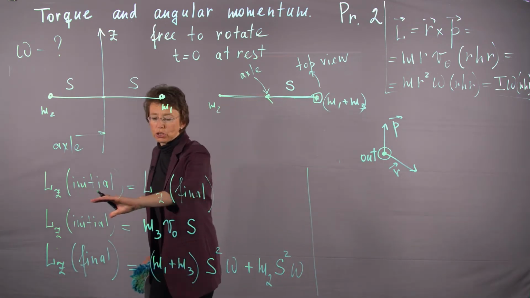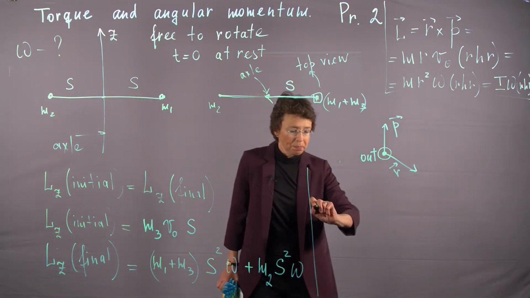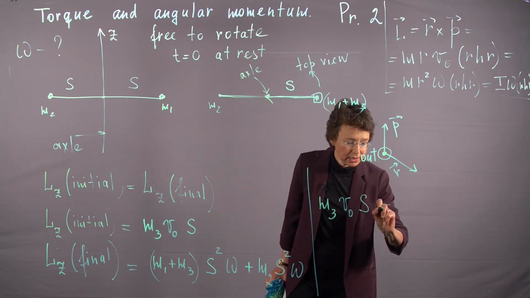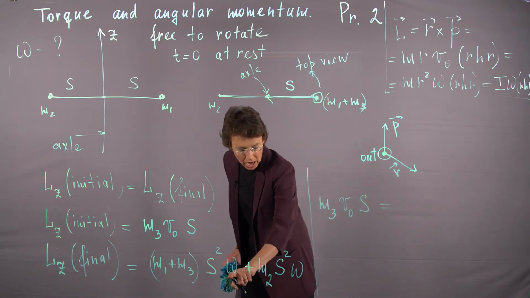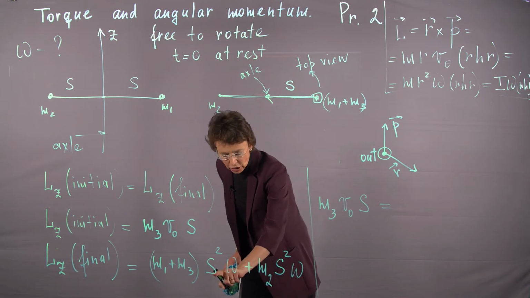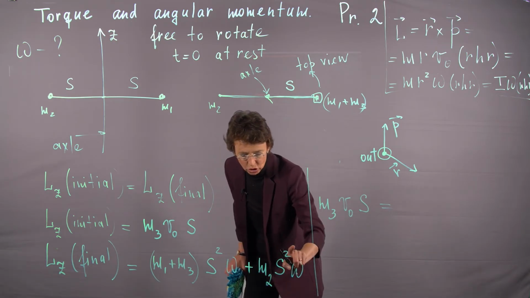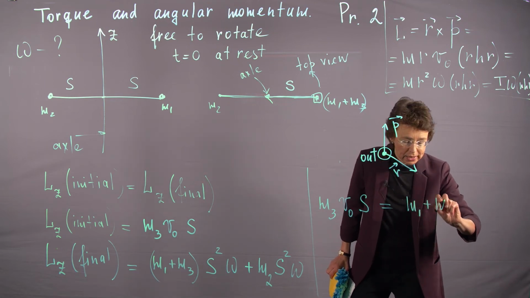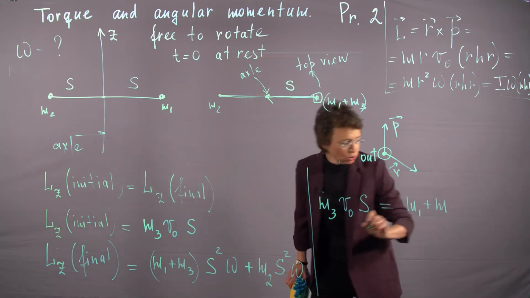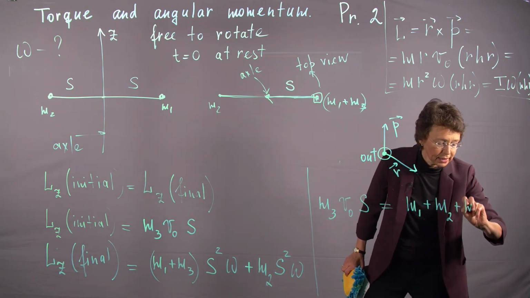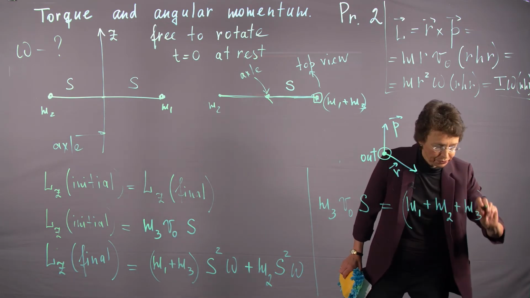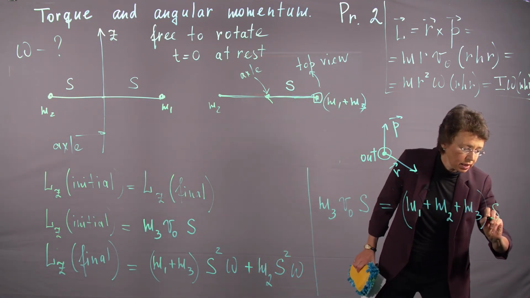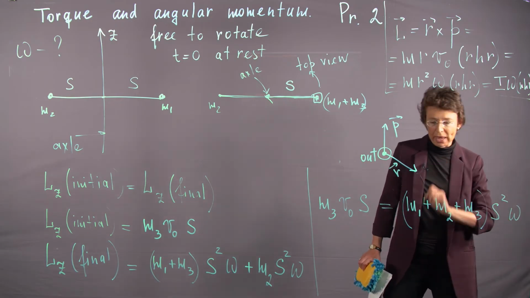Now I'm ready to put this to equal. LZ initial, M3 V naught S, is equal to LZ final. I will factor out omega. Can I do it? Actually, I can also factor out S squared. It will be M1 plus M2 plus M3, and then S squared omega.